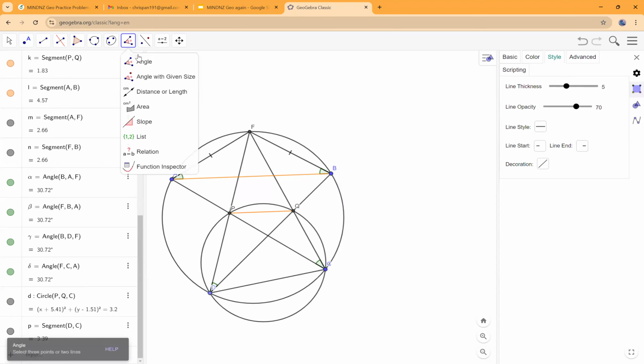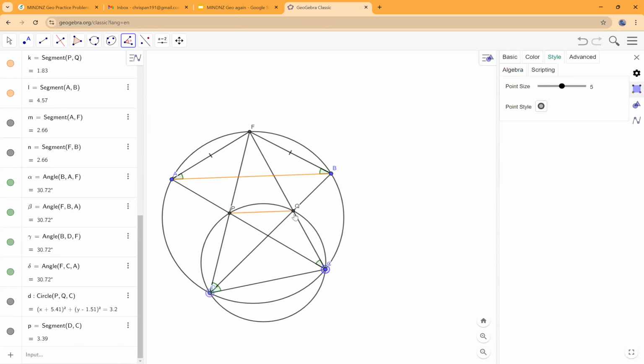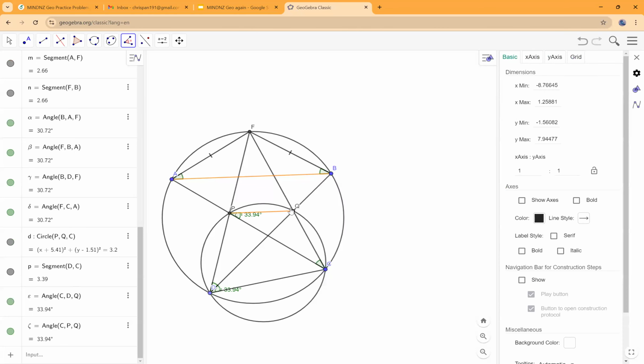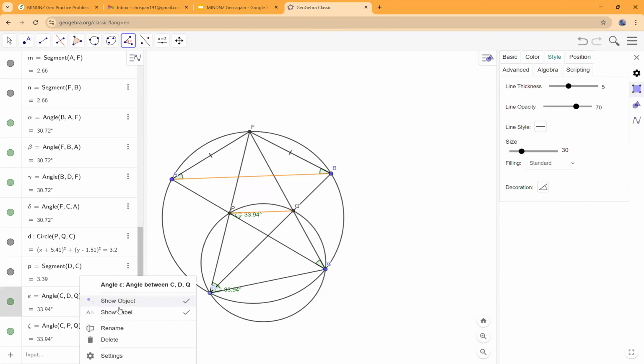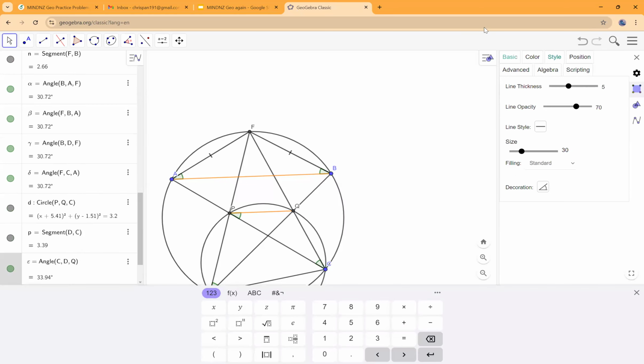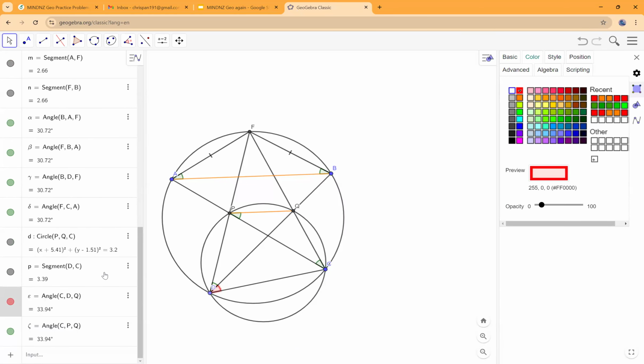In fact, you can show that this angle is equal to this angle because they're both opposite the arc QC. But then you get that this angle, CDB, is actually equal to this angle, using the large circle to chase it.